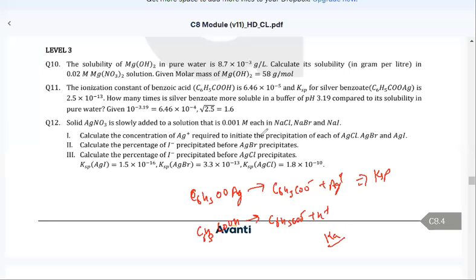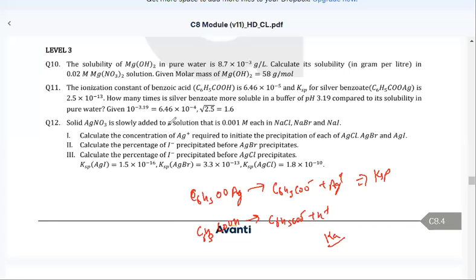Now, what reaction is happening over here? The ionization constant of this is given, which is K. How many times is silver benzoate more soluble in buffer than in pure water?